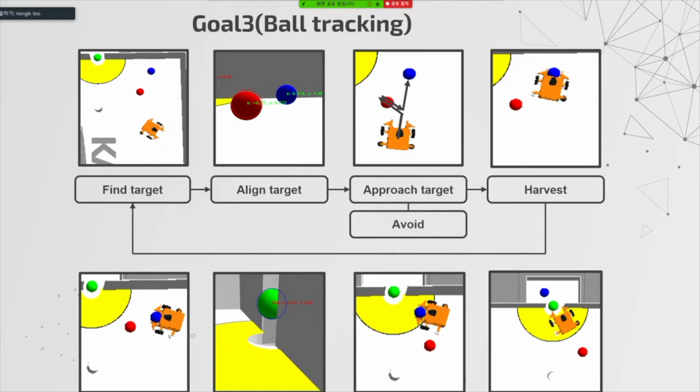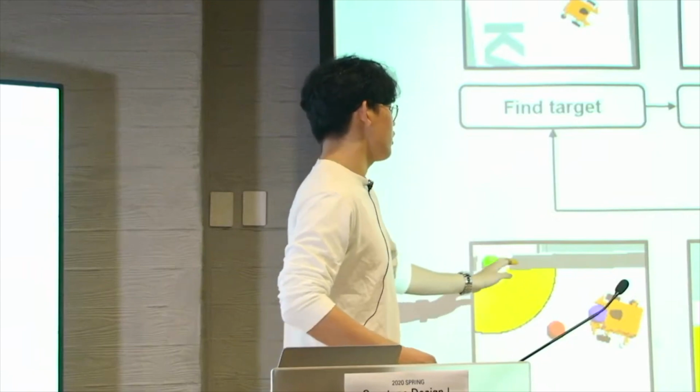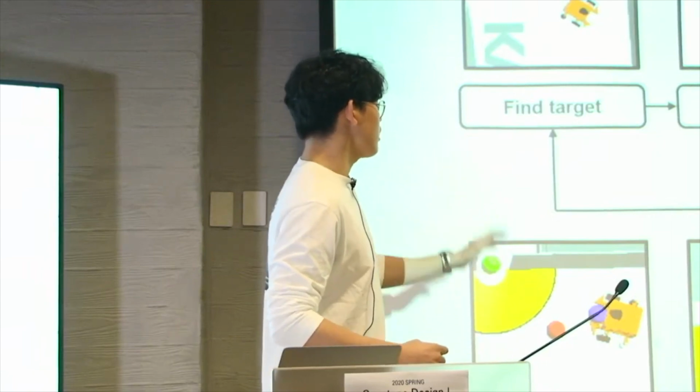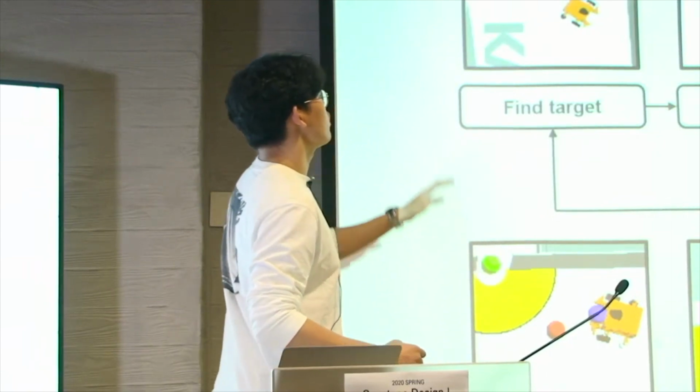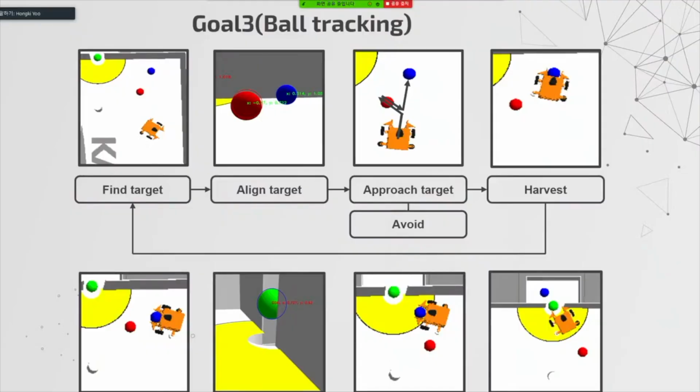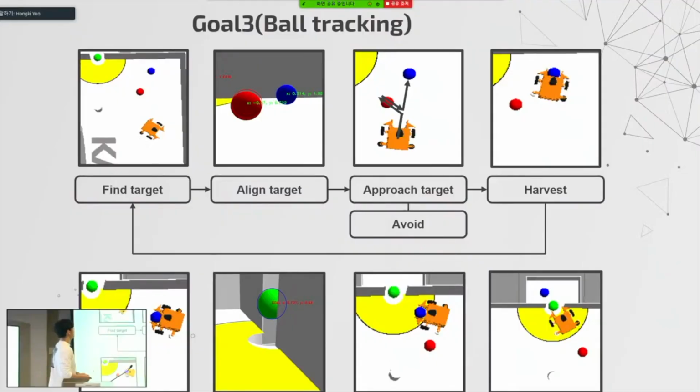First of all, when there is a blue ball in the collector, we set the target as a green ball. If there is no blue ball in the collector, we set the target as a blue ball. So first we set the target, and next we find the target, align to the target, approach the target, and do the final process like ball harvesting or goal in.